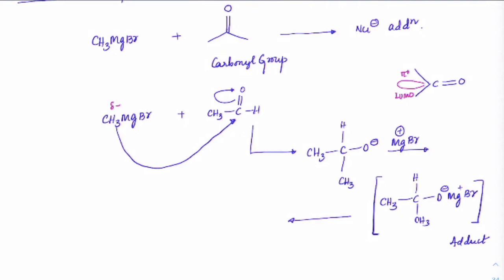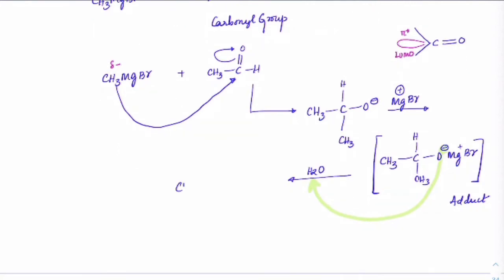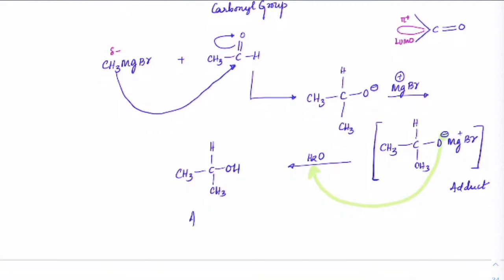On hydrolysis, if you treat that with water, the O minus present here will accept the proton from water, and we'll get CH3CH(OH)CH3. It gets protonated to give this alcohol.